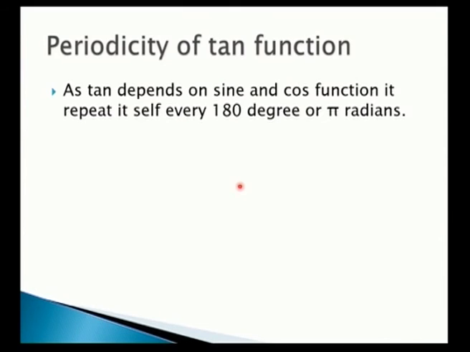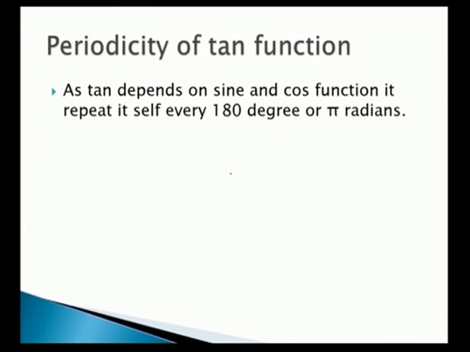So, the periodicity of the tan function is low compared to the periodicity of the sine function and cos function. So, the periodicity of tan function is 180 degree or pi radians. So, tan function repeats itself after every 180 degree or pi radians.